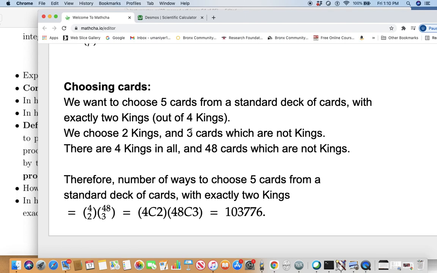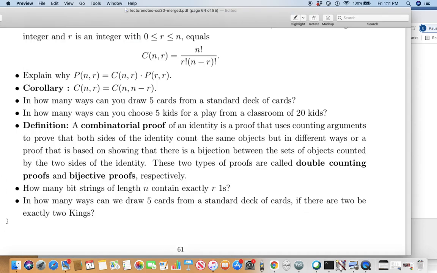And the remaining 3 cards come out of the cards which are not kings, in all 4 kings and in all 48 cards which are not kings. So 2 from 4, those are the kings, 3 from the rest. So 4 choose 2 times 48 choose 3. It is 103,776. All right. That completes lesson 17.